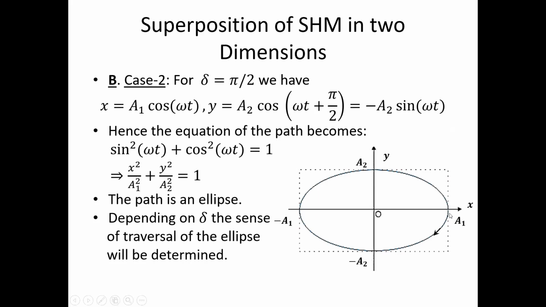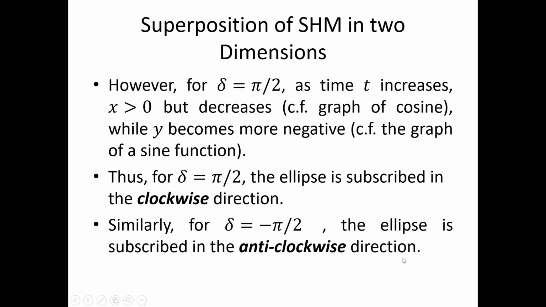As time increases, x is still positive, but it goes down in magnitude, and y is negative, and it increases. So we can see very easily that this particle traces out this part of the ellipse in the clockwise sense. Thus, for delta equal to pi over 2, the ellipse is described in the clockwise direction.